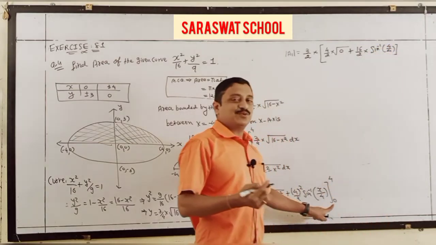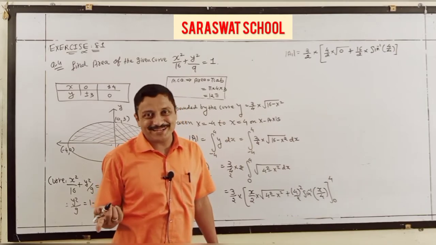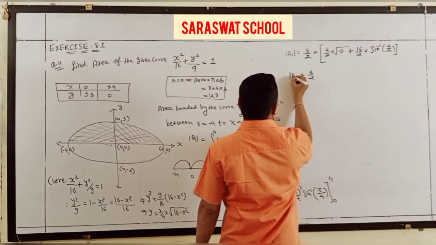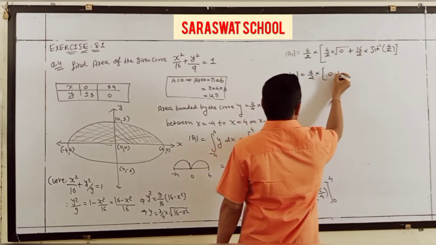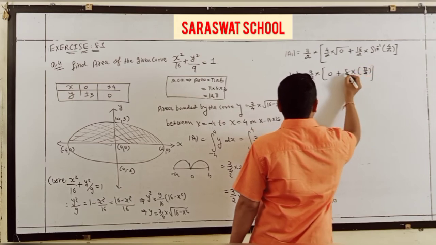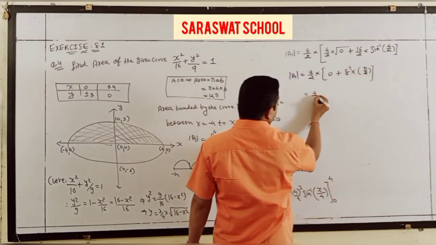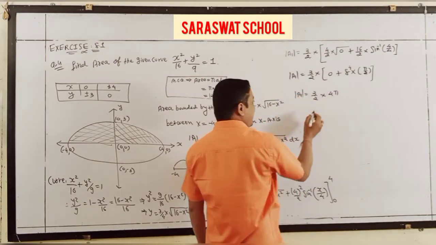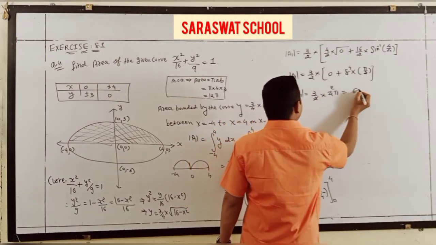There is no contribution from putting the lower limit 0, because putting 0 gives 0 overall. So 3 by 2 same, here 0, plus 8 times pi by 2. So finally you can get 3 by 2 into 4 pi. And how much is it? Yes, it is 6 pi.